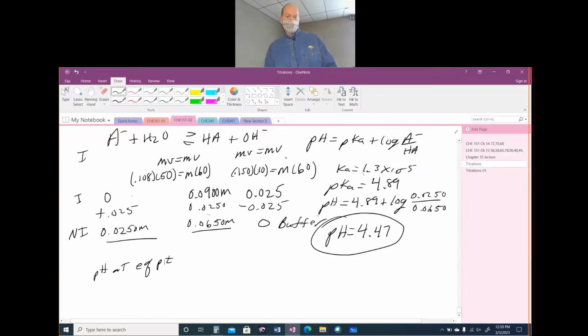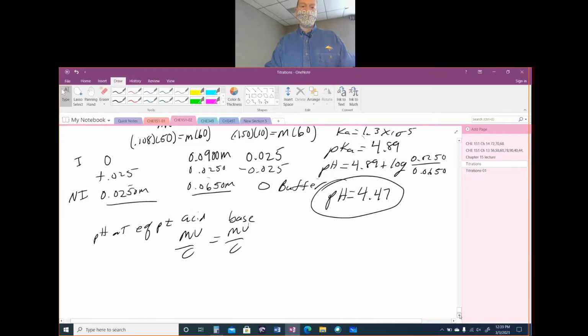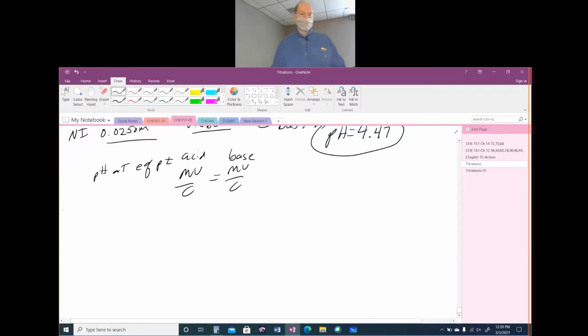All right. MV over C for your acid is equal to MV over C for your base. Our acid, we know it's 0.108. The volume, we put in the 50 mLs that's in the Erlenmeyer flask. The coefficient is 1.